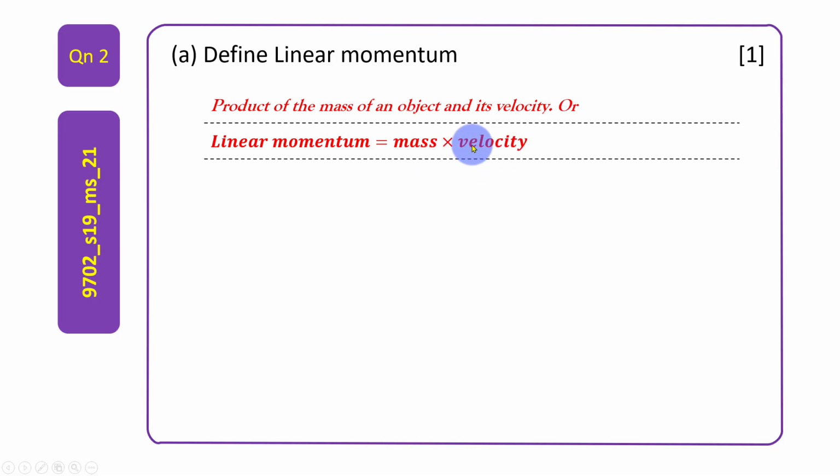So there are two ways in which you can give the definition of a physical quantity. You can either state it as a sentence like this, describing exactly what we have here, or you could give this equation which is associated with the definition of the physical quantity.